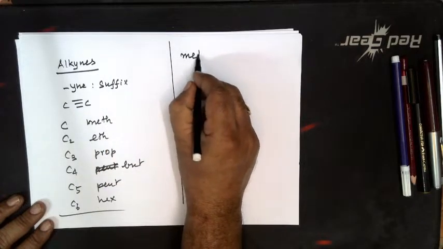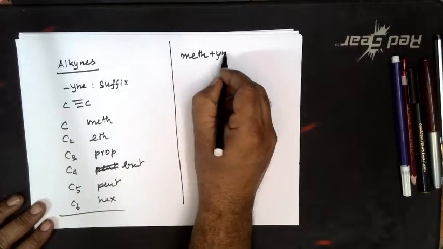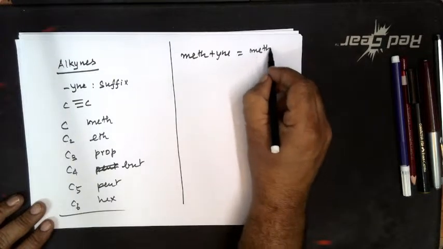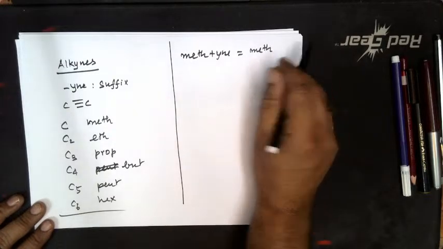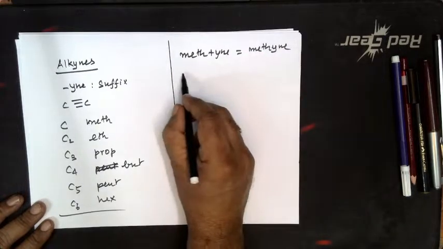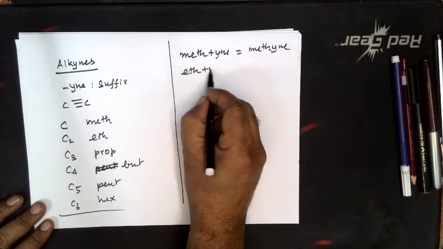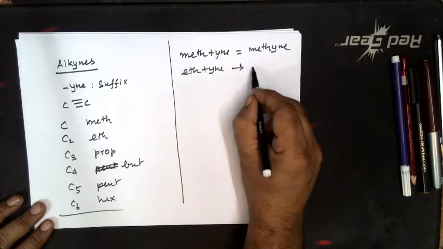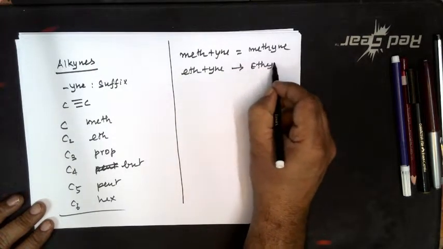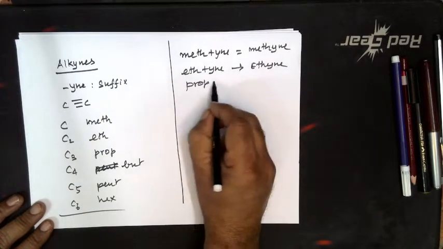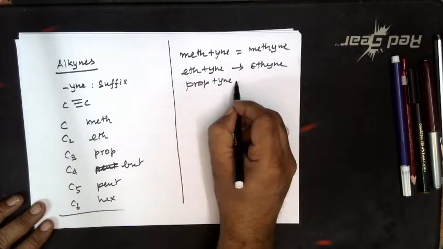Now you can write down all this. Meth plus YNE is methyne. This is not a chemical reaction, but only an addition of prefix and suffix. Similarly, eth plus YNE gives ethyne. Prop plus YNE, propyne.